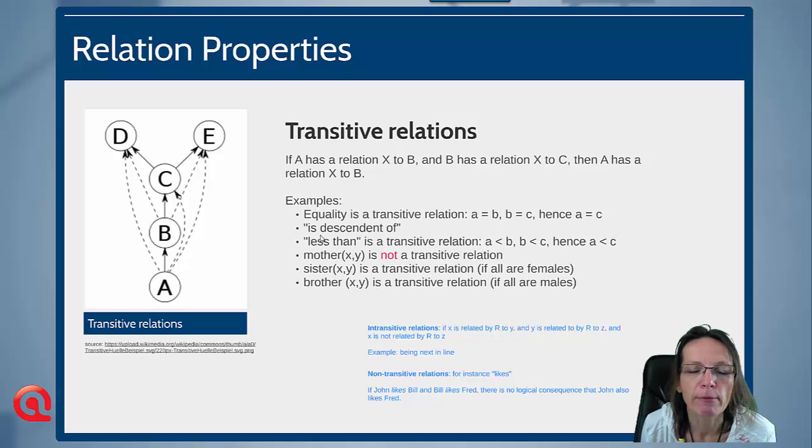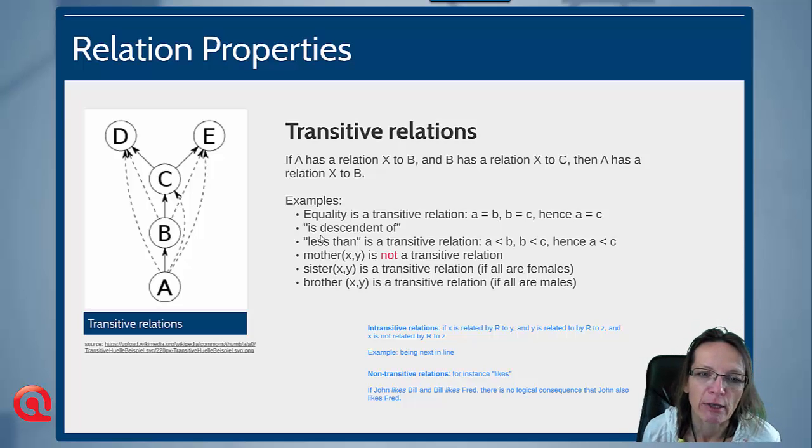So if we go to the examples, and we had the smartphone and the cell phone example before. Equality is a transitive relation. A equals B and B equals C, then also A equals C, so that's transitive. Is descendant of is also a transitive relationship.